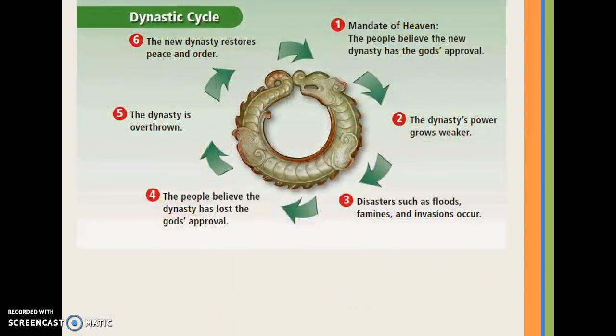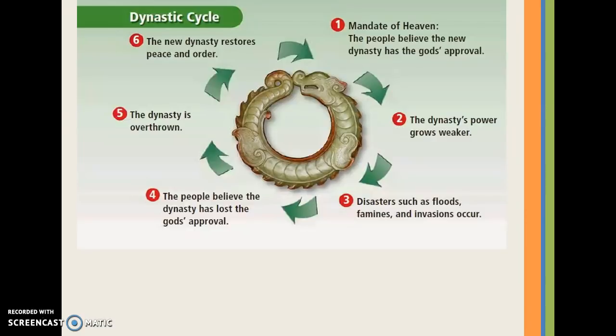So this is the dynastic cycle. We'll start here with the mandate of heaven. The people believe the new dynasty has the God's approval. Then the dynasty's power grows weaker. Disasters such as floods, famines, invasions can occur.